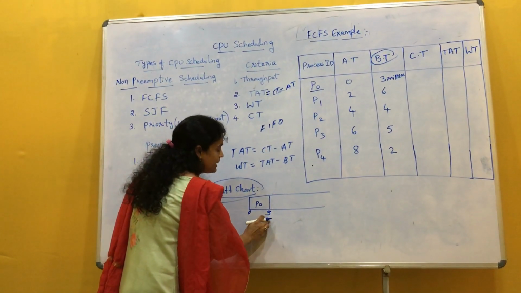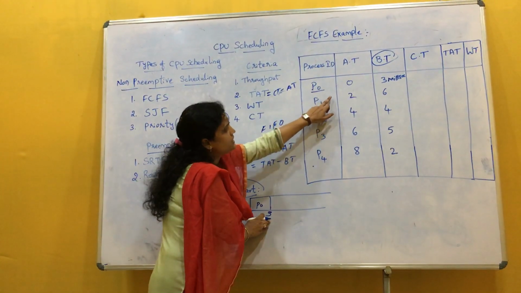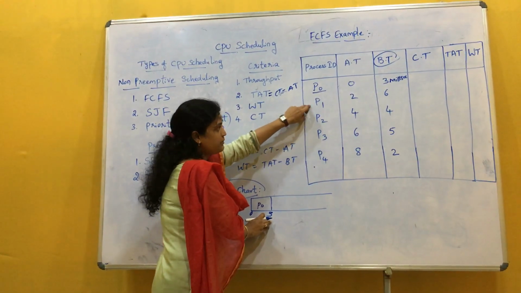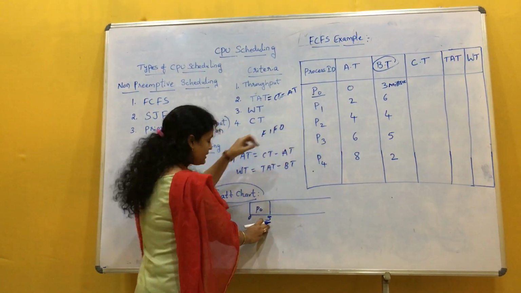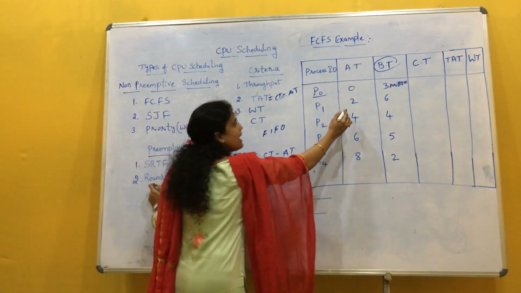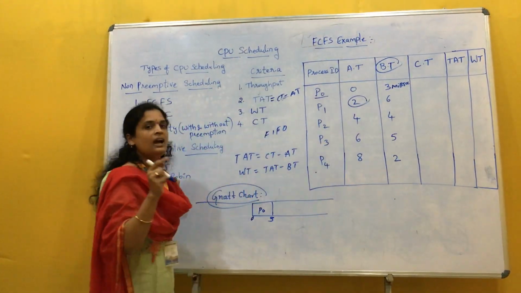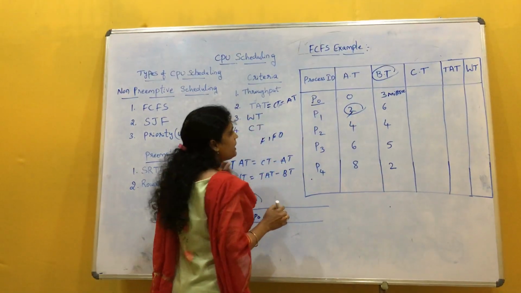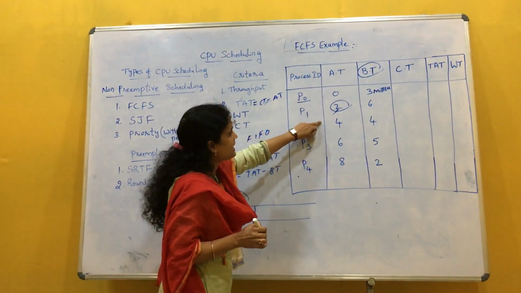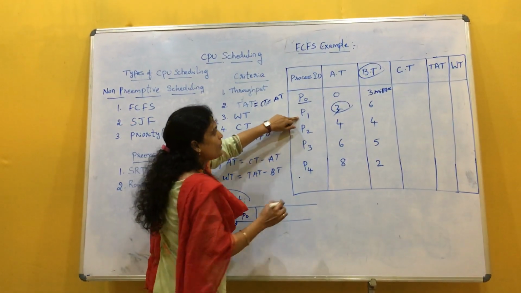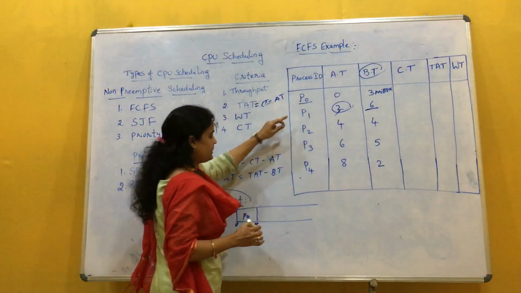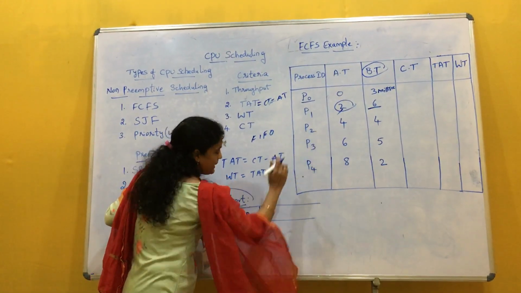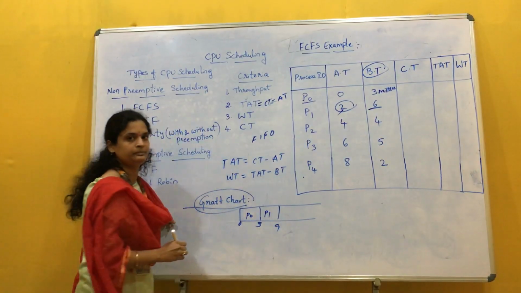From 0 to 3, the remaining processes, P1 and others, have arrived, but we have to check based on arrival time. Which process has the least arrival time? P1. How much time does it take to complete? 6 seconds. So 3 plus 6, 9.